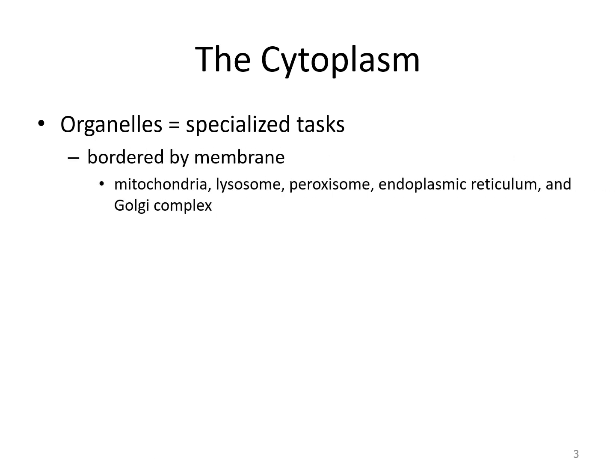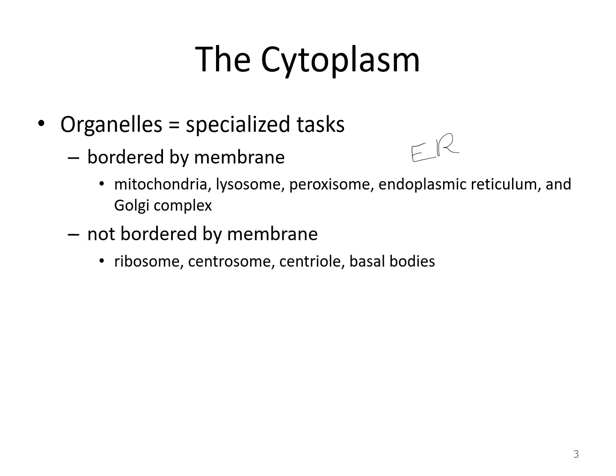We have some organelles that are bordered by a membrane, the membranous organelles, such as the mitochondria, lysosomes, peroxisomes, the endoplasmic reticulum, which is often just referred to as the ER, and then the Golgi complex. Organelles that are not bordered by a membrane, those are such things as the ribosomes, centrosomes, centrioles, and basal bodies.